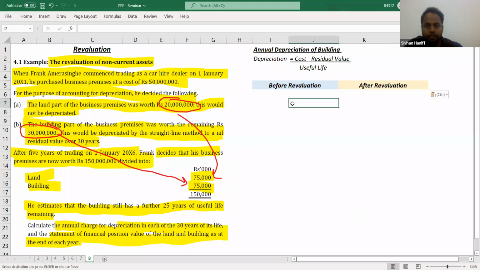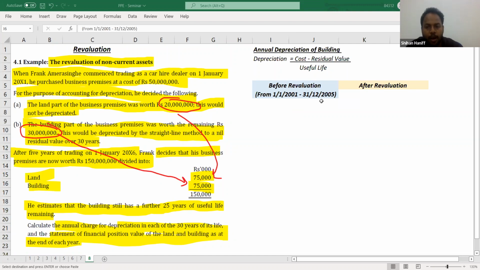Okay, so let's calculate the depreciation before and after revaluation. The before period is from 1st of January 2001 to 31st December 2005. That's 5 years.